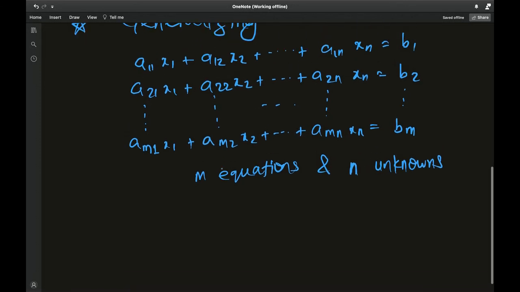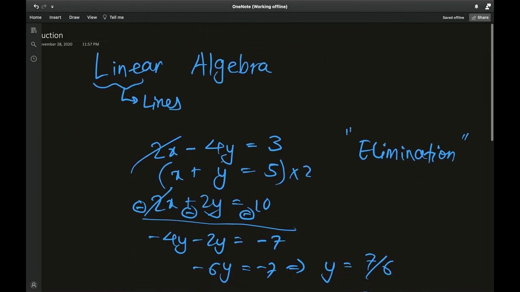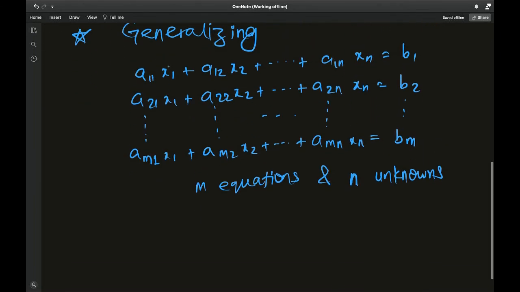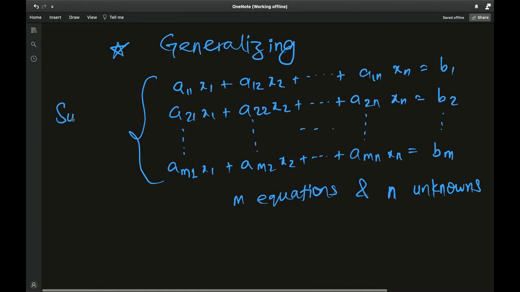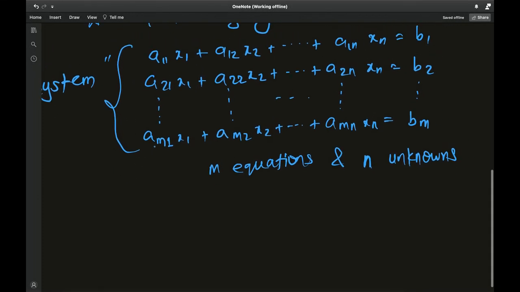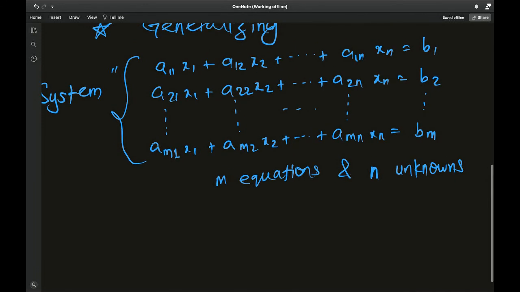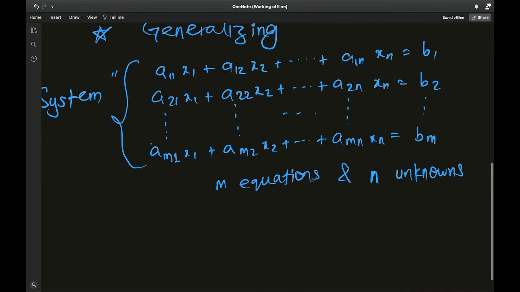The general idea of linear algebra is using matrices to represent big bulky stuff like this, because we want a more compact way. We want to write this system of equations as one unit. That's probably the reason why we call them a system of equations, because we want to treat them as one unit in whatever we do.